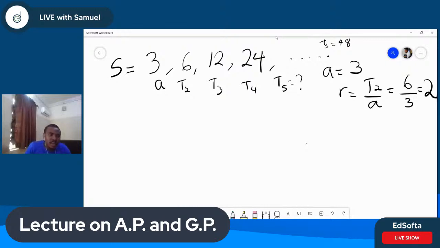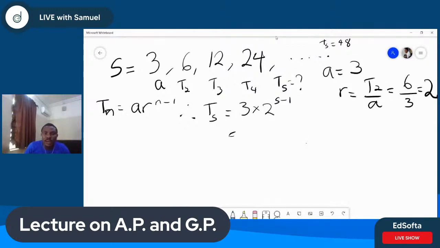And our formula tells us that Tn is equal to A r raised to power n minus 1. So therefore, T5 will be equal to, what's our A? 3. What's our r? 2 raised to power 5 minus 1.